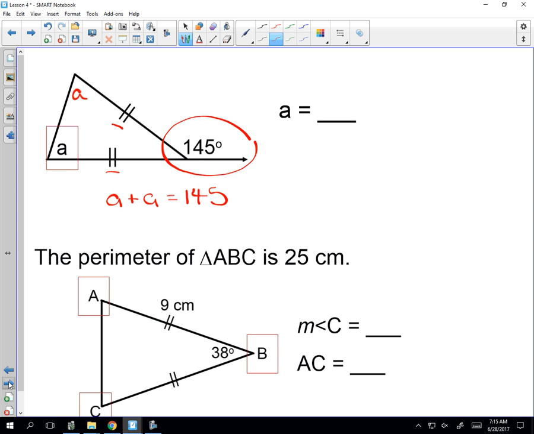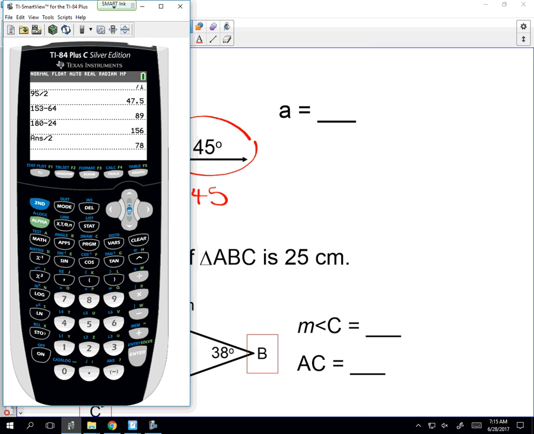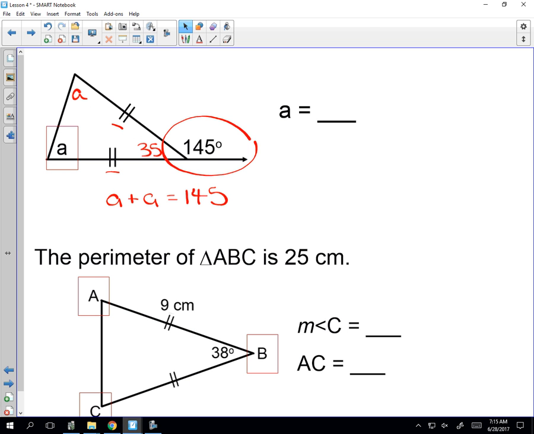Now remember that exterior angle theorem, if you're not comfortable with that, if that's not something that you really want to use, we can always use the three angles of the triangle by dealing with the linear pair as well. So we've got 145 divided by 2, and we have 72.5 for each of our base angle measures.